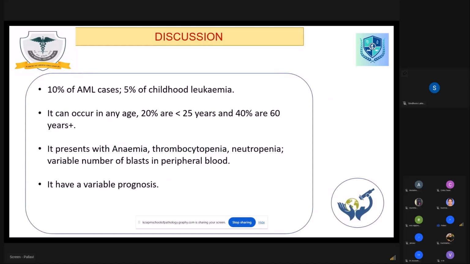Coming to the discussion part, 10% of the AML cases are M2 and 5% of the childhood leukemias. It occurs at any age, and mostly 20% are seen below 25 years of age, and 40% are seen in 60 years plus patients. It presents with anemia, thrombocytopenia, neutropenia, variable number of blasts in peripheral blood, and it has a variable prognosis.